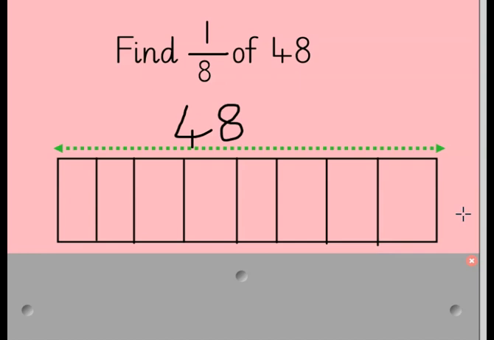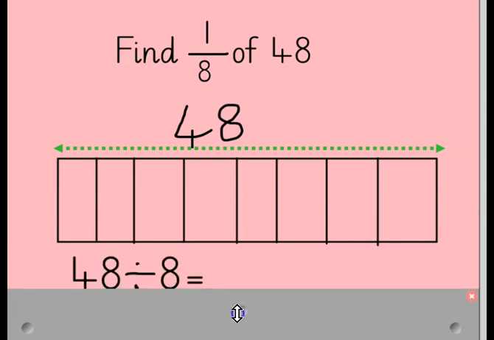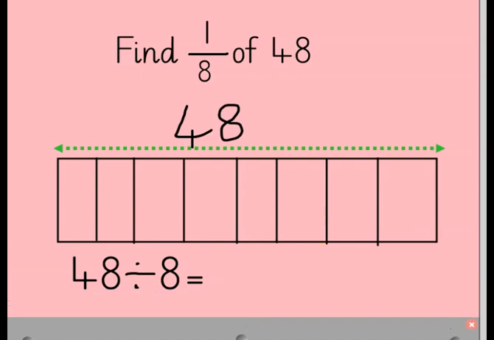Okay, so I've now got a bar worth 48 that's divided into 8 equal pieces. Now we need to use our division to work out 48 divided by 8. So you have a go. Right, I'll try now. So I know 8 6s and 6 8s are 48. So I know that 48 divided by 8 must be 6.